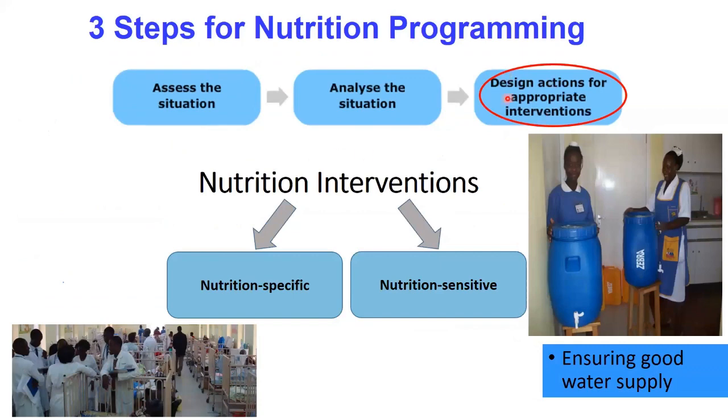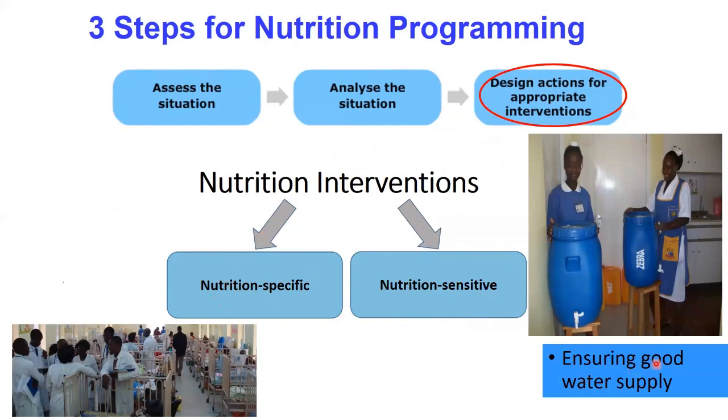And in terms of designing appropriate interventions, for simplicity, I would say we have what we call nutrition-specific interventions, and then nutrition-sensitive interventions. So most of the health-related interventions, like management of acute malnutrition in a facility, are what we call nutrition-specific.